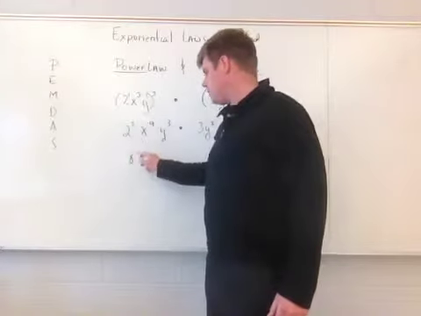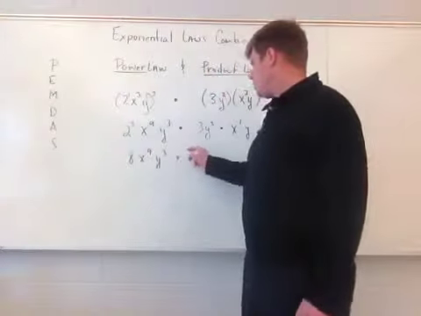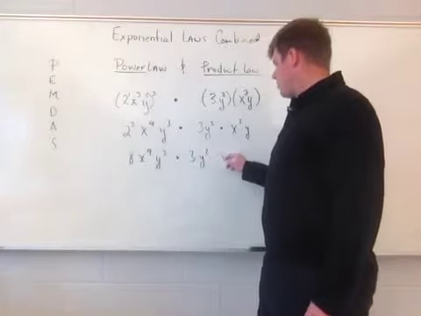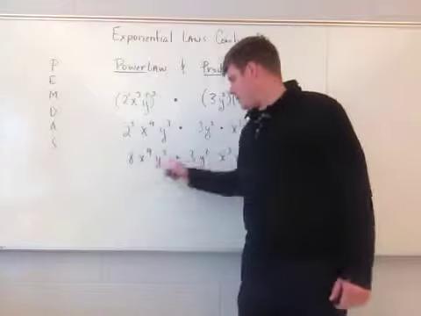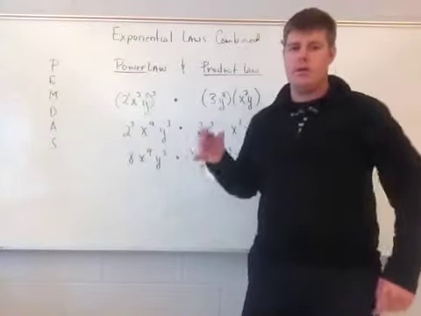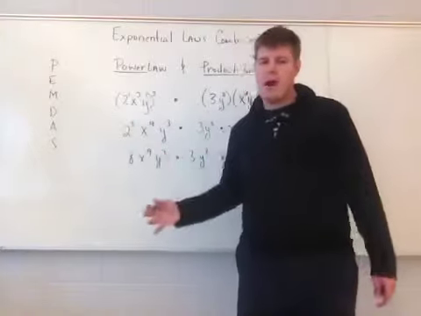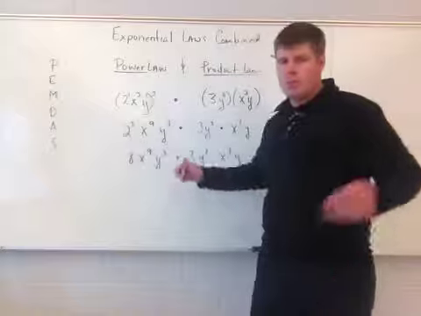So I could say this is 8x to the 9, y cubed, times 3y squared times x cubed y. This is where I now do 8 times 3, and I always do this first. Always, always, always I take care of the coefficients first. I don't worry about the variables or the exponents. I multiply the 8 and the 3 together, and you get 24.